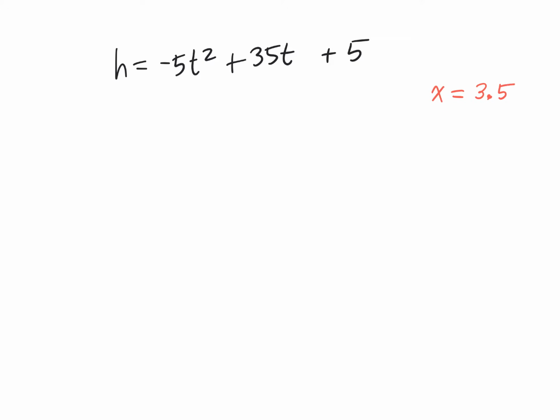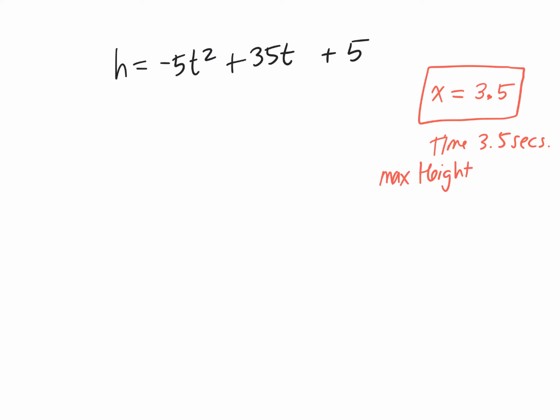The axis of symmetry is x equals 3.5. So when 3.5 seconds has passed, we're going to figure out the max height, right? At that time, x equals 3.5, that will give us the highest point because it's located at the vertex.